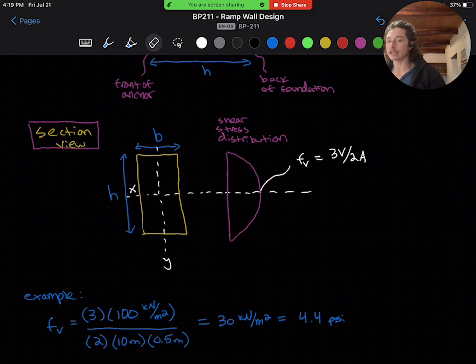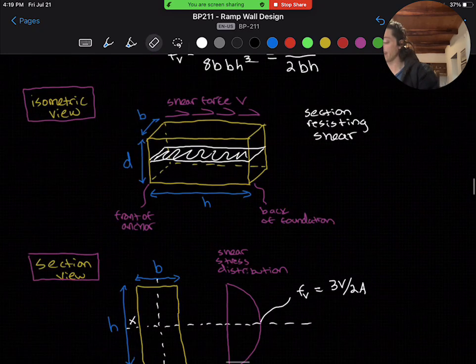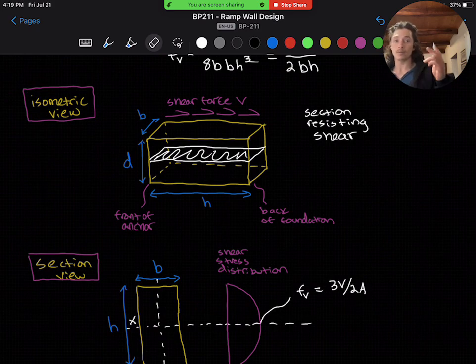So if we're assuming each side is supported, the shear we're getting here is going to be over the section bh, which I've highlighted here in white, versus a more standard beam section, where you'd be evaluating bd as your section resisting shear if the shear force was vertical. But because it's horizontal in the diagram I've drawn, b by h is going to be the section that is actually resisting our shear.